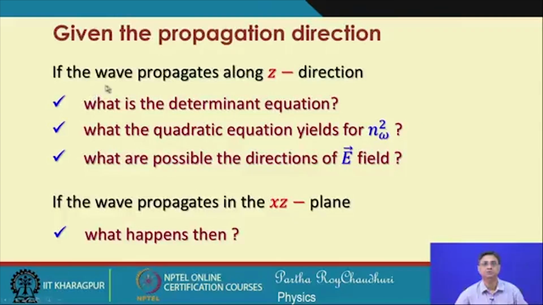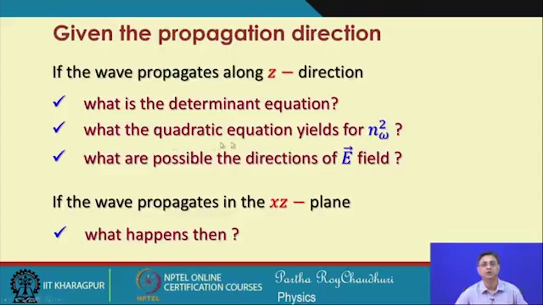So, now we will consider the propagation of the wave along the z direction. Given the direction of propagation, that is along the z direction, we will see how this determinant equation simplifies by plugging in the values of kx, ky and kz.